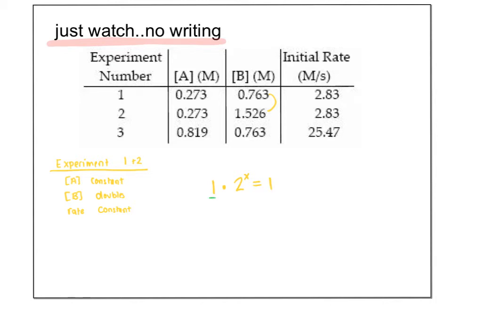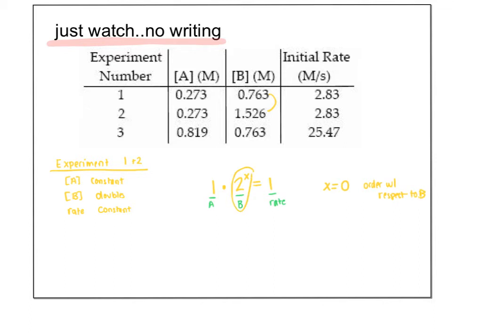So this represents A, this represents B, this represents the rate. So we can then solve for our x and say that x is equal to 0, because 2 to the x equals 1. When we're solving for anything raised to a power and it equals 1, that means the exponent is 0. So that will be the order with respect to B. Right? Because this was all about B, we were solving for that.